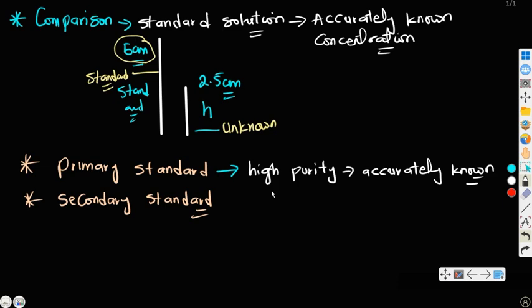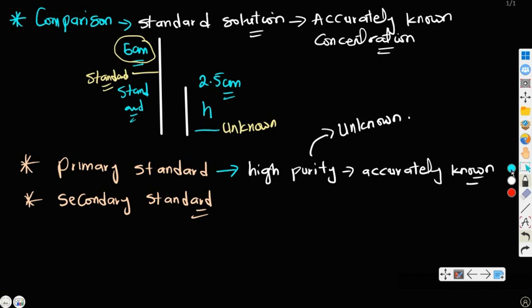Because it has high purity and the concentration is accurately known, you can use it, or compare it with an unknown, to get the concentration of the unknown, based on some relationship between the primary standard and the unknown. Is that okay? That's what is called a primary standard.